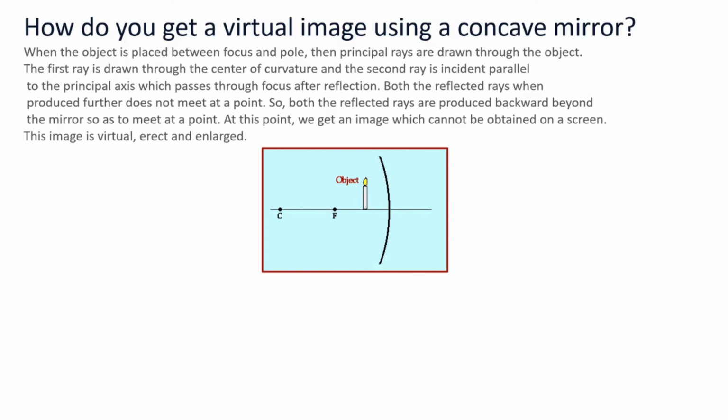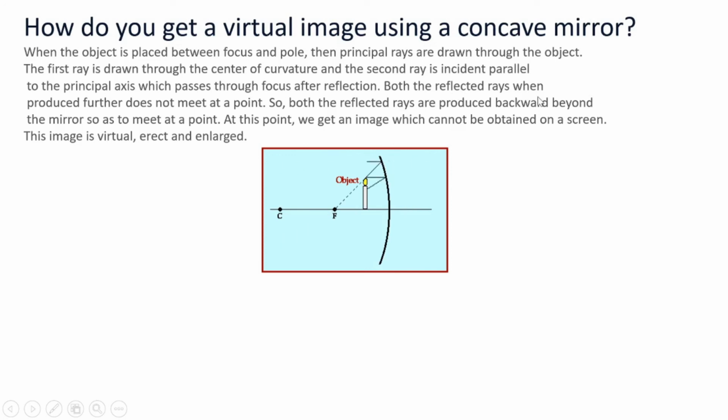The second ray, this one, is parallel to the principal axis, which passes through the focus after reflection. After reflection, this is passing through, and the first ray is just reflecting, and the second one just passes through the focus after reflection.